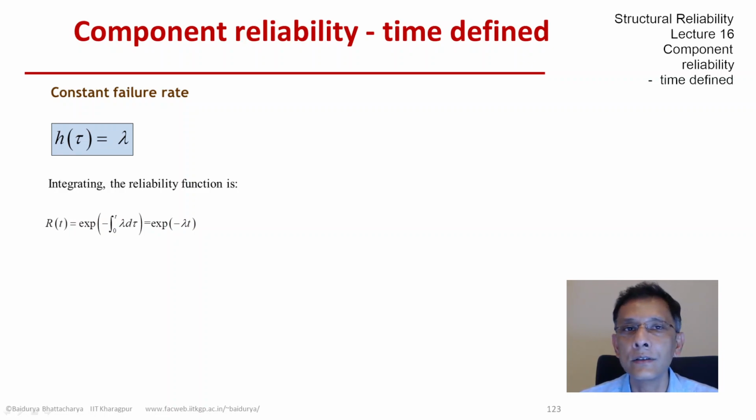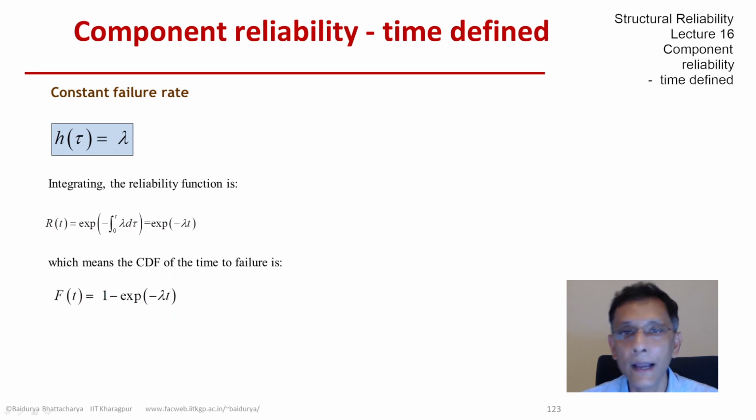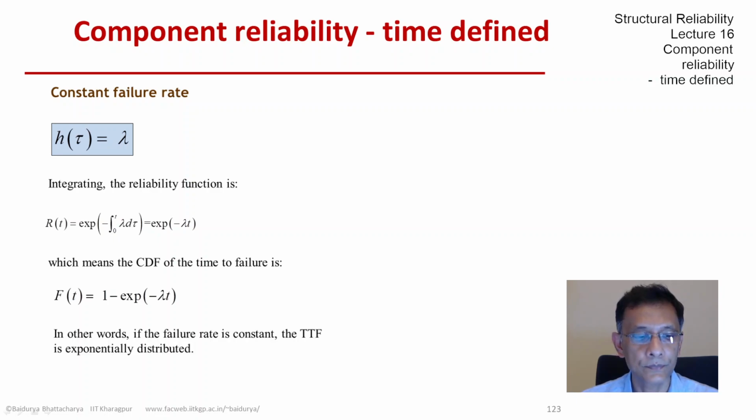If this is the reliability function, then the CDF is 1 minus exponential of minus lambda t, and we immediately identify that this is the exponential random variable. So the time to failure is an exponential random variable if the failure rate, if the hazard function, is a constant.